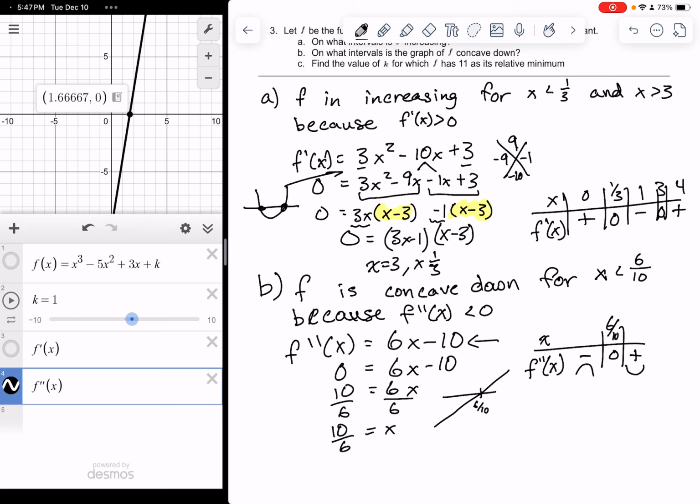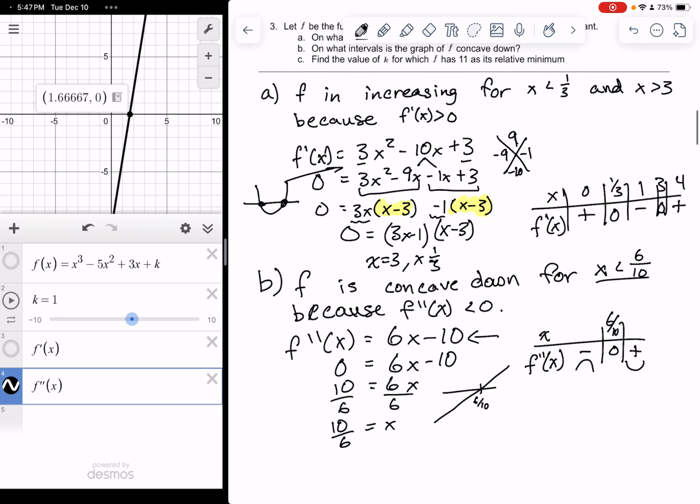All of those numbers are the same. And I notice that it's negative before and positive after, so it's concave down for that section because f double prime of x is less than 0.